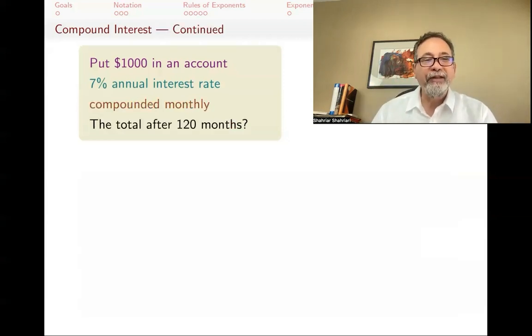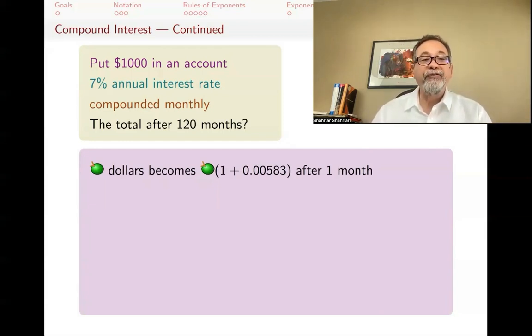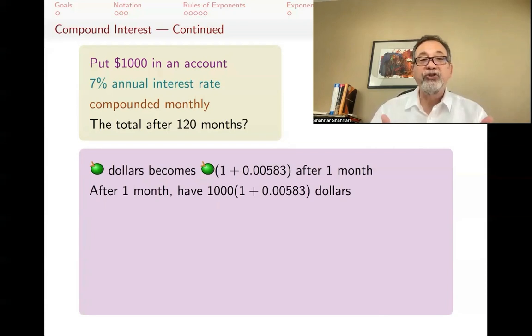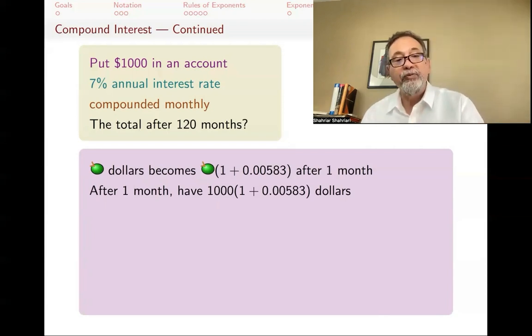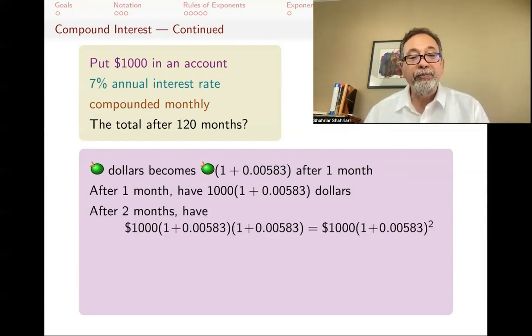The problem was that we have $1,000, 7% annual interest compounded monthly. What happens after 120 months? If you have A dollars, that becomes A times 1 plus 0.00583 after 1 month. So after 1 month, if I start with 1,000, it would be 1,000 times 1.00583. But what about after 2 months? Now, in the second month, I don't start with 1,000. I start with 1,000 times 1 plus 0.00583. That's how much I started the month with.